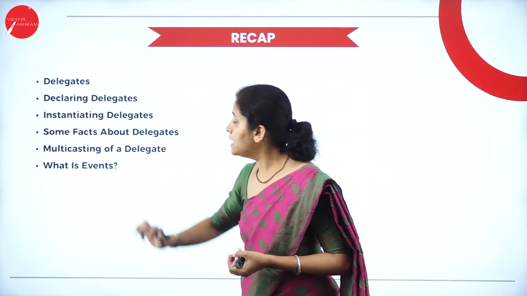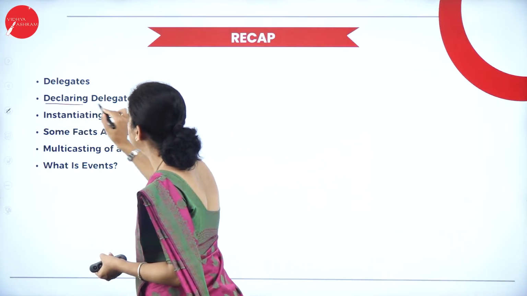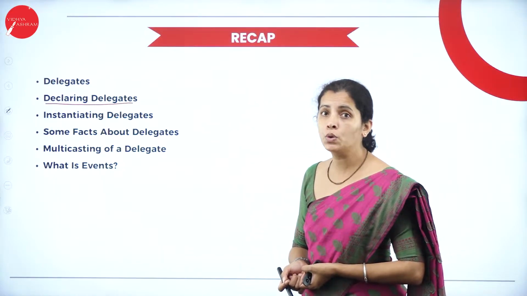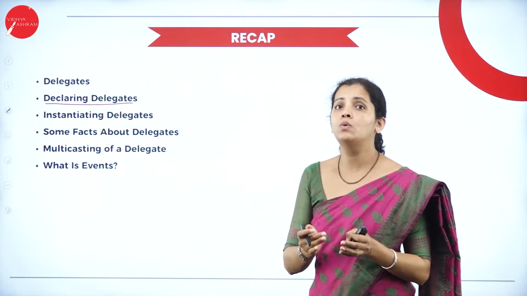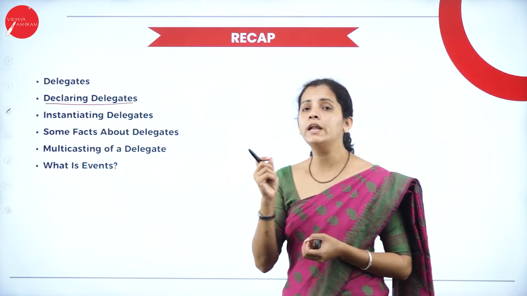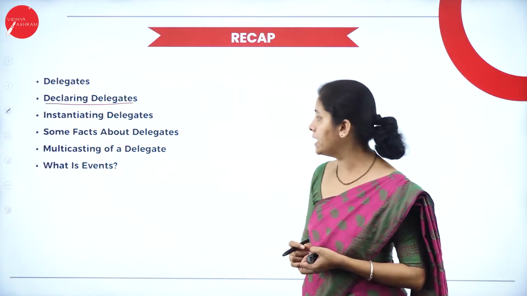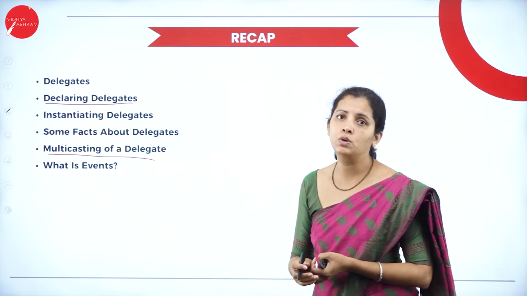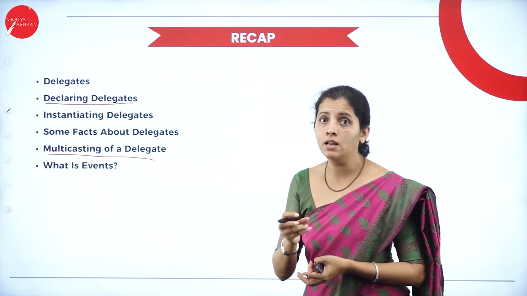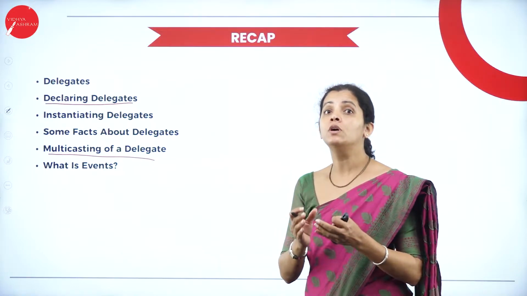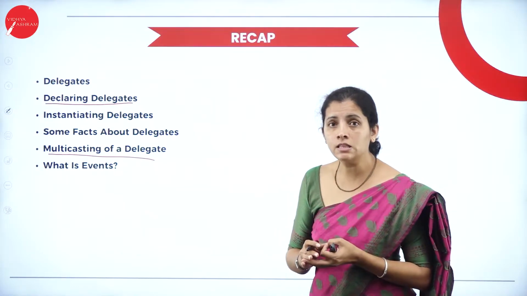Now, in my last session, I discussed how to declare a delegate, how to call a delegate, and how to invoke a delegate, and some important factors about delegates. Along with that, how I can refer to multiple methods at a time.